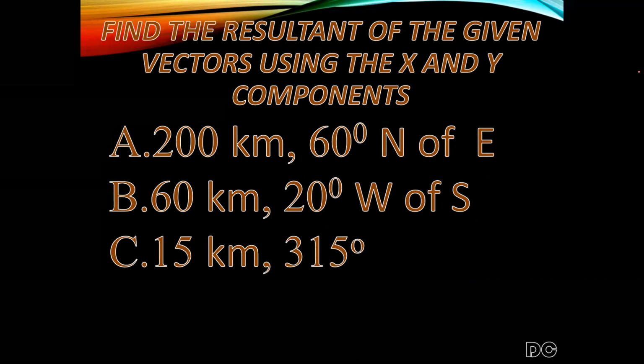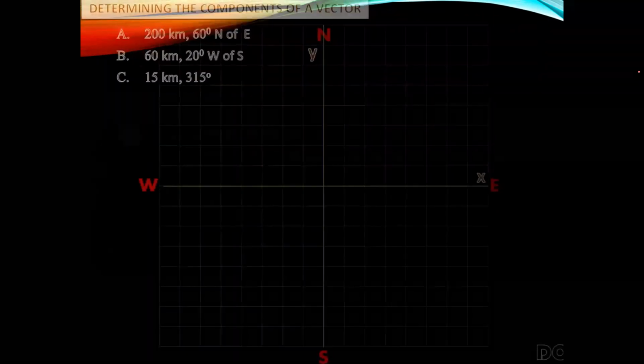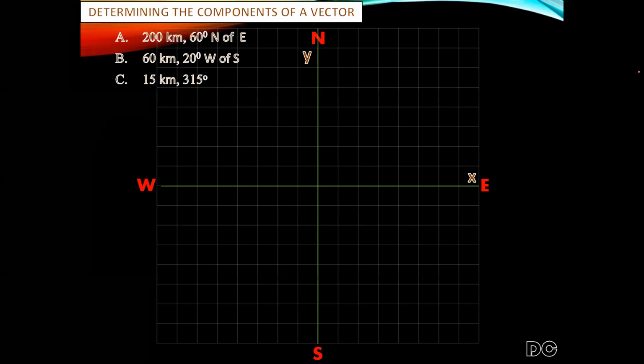To solve for its resultant, first we have to illustrate these three vectors. Since west of south and 315 degrees are on the y-axis, first let us transfer the angle of vector B and vector C to the x-axis.